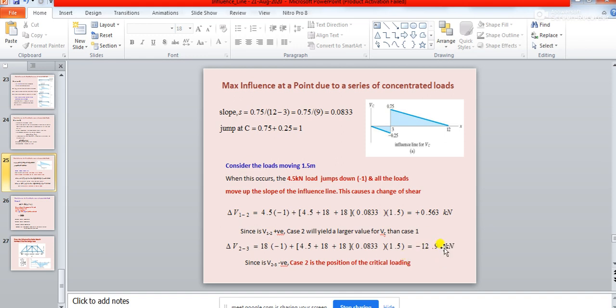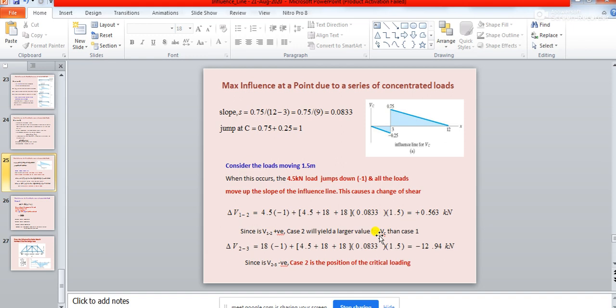So the position number 2 is going to give you the critical position of the load. Okay? And once you find out the critical position of the load, for that position of the load, particularly, you find out how much will be the value of the shear.